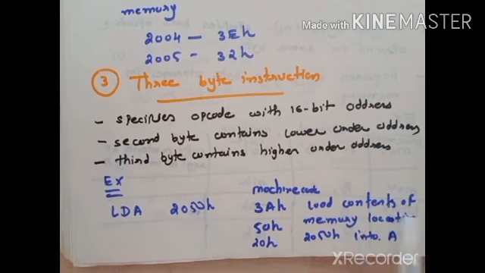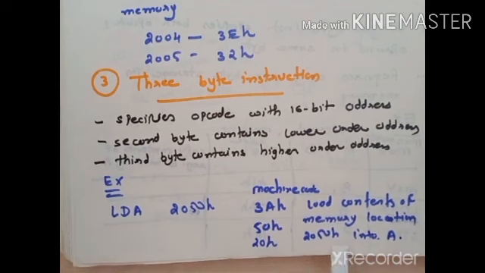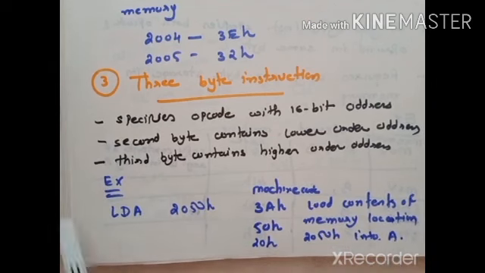That means load the content of memory location 2050 into A. This instruction requires 3 memory locations for storage. First it stores the hex code of LDA, which is 3A, then the lower byte 50H and the higher byte 20H.